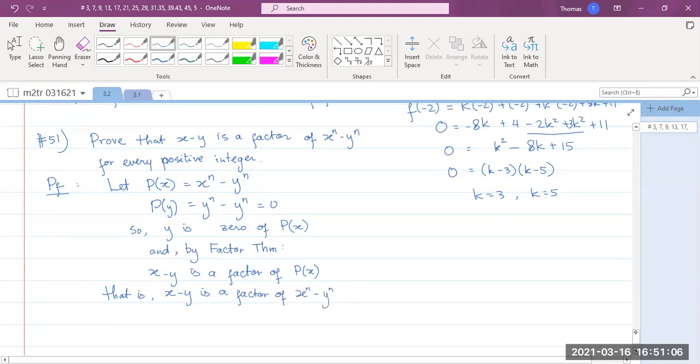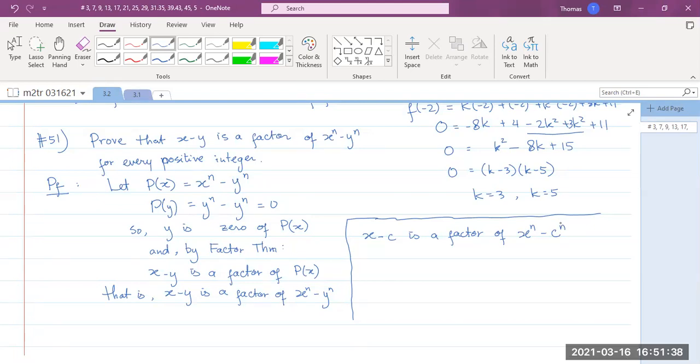Okay, now before I finish up with this section, that's the last question I want to do in this section, but I want to tell you even further. It's basically say the following. Okay, x minus c is a factor of x to the n minus c to the n. Now if it is a factor, then we must be able to define that, right? Suppose, for example, we use n equals to 5. Let n equals to 5.